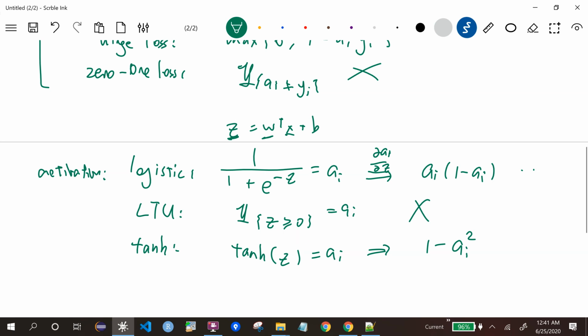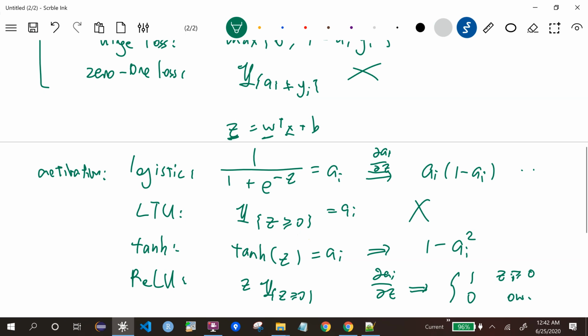And what other activation functions do we have? ReLU, yeah, the fastest one. ReLU is just z multiplied by the indicator that z is larger than or equal to 0. And its derivative with respect to z is either 1 or 0. If z_i is larger than or equal to 0, then it's 1, and otherwise it's 0.